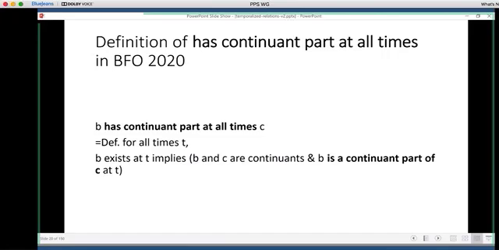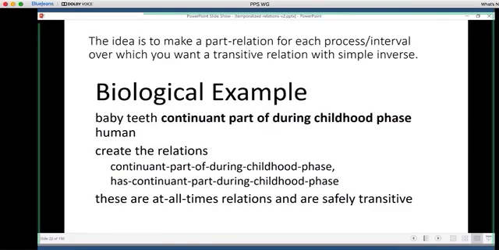All right, so an example from biology: baby teeth are a continuant part of a human being at all times during the childhood phase. If we express it using phase, we don't need to say at all times explicitly. This continuant part of during the childhood phase satisfies transitivity in a logically safe way.